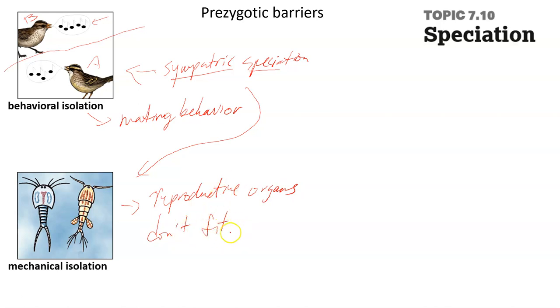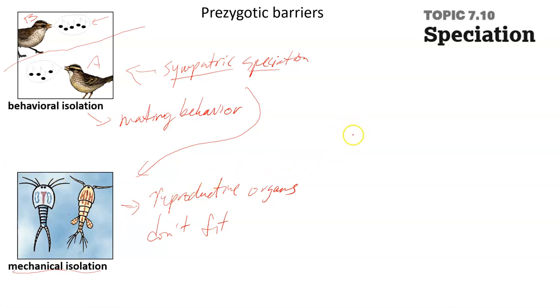The reproductive organs on these organisms don't fit inside of each other, and they are unable to mate because of mechanical isolation. Makes sense. They have their tool that is there to pass on their genes, and it is not compatible with the tool of the other sex of these species. That is an example of mechanical isolation.